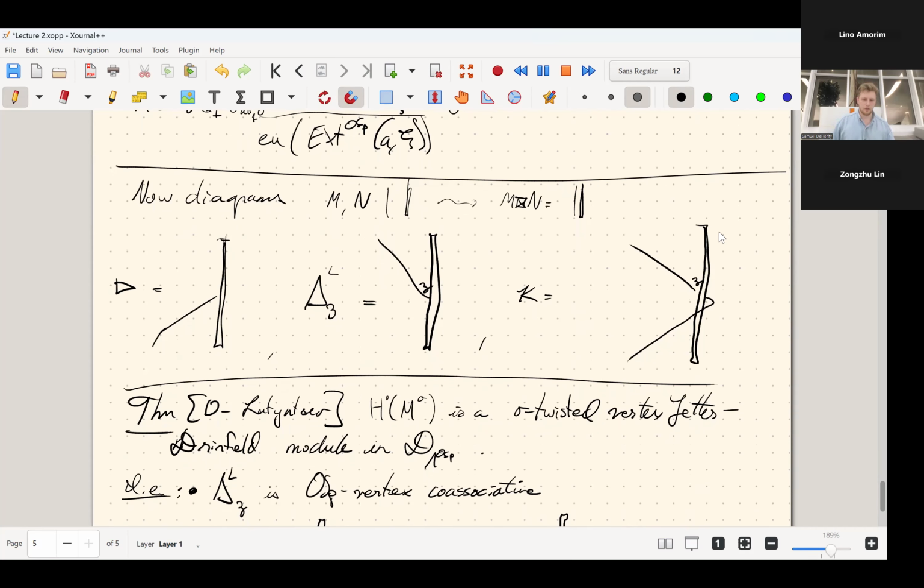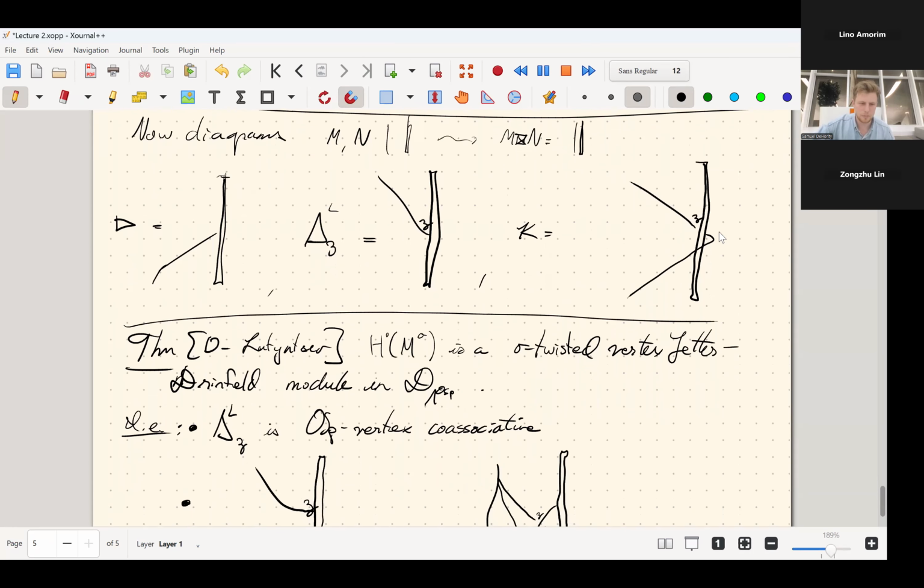We couldn't find in the literature exactly the axiom that we ended up showing was satisfied by these modules. But we noticed that it looked extremely similar to a notion that is actually quite well known. And so we defined it to be a twisted vertex Jeter-Drinfeld module in this particular category.